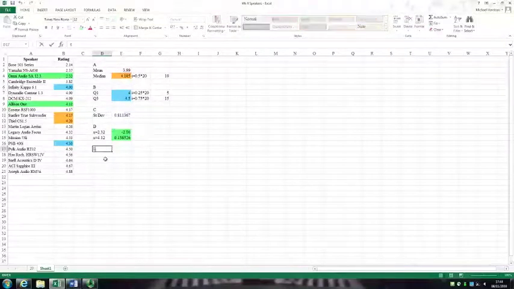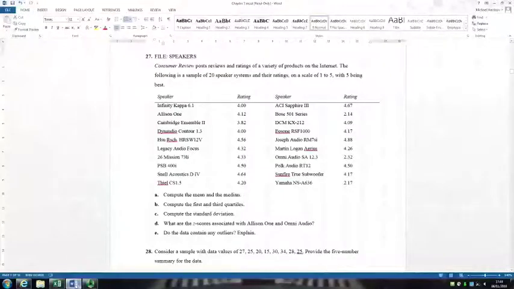Part E requires us to decide if the dataset contains any outliers. Here we're going to employ a general rule of thumb, which is to say an outlier is any value which is 3 standard deviations higher than the mean or 3 standard deviations or more below the mean. In other words, if we imagine a distribution, anything which is beyond 3 standard deviations is really in the tails of the distribution.